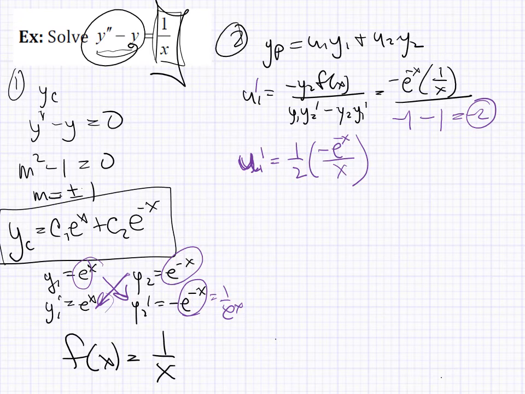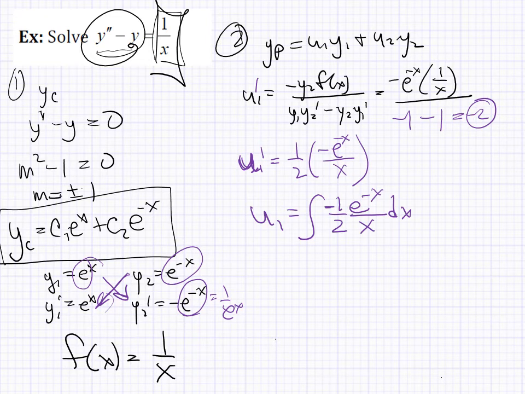There's our problem. If I want to find u1, I have to do the integral of negative 1/2 e to the negative x over x dx. The problem is that's not an easy integral, in that we don't really have a way to do it.